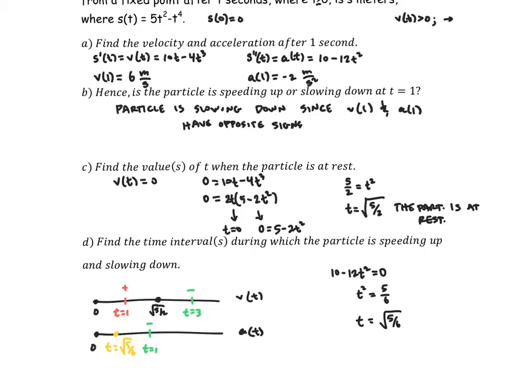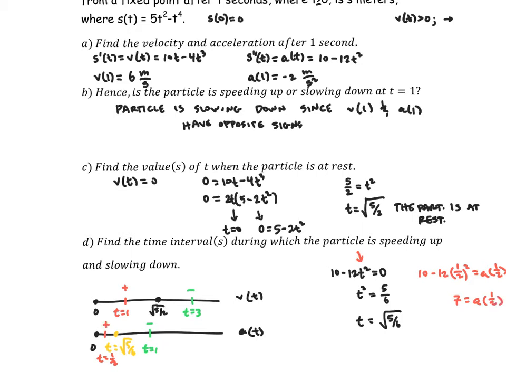If I plug t equals 1/2 into my function, I would have 10 minus 12 times 1/2 squared. That's going to be the acceleration at time 1/2 second. That'll be 12 times 1/4, so 10 minus 3, which is 7. So I see that the acceleration at 1/2 second is positive.